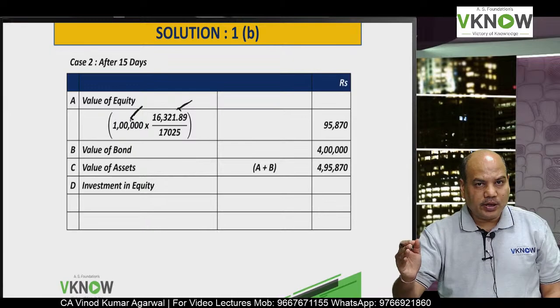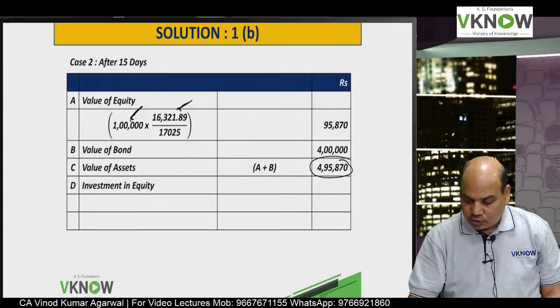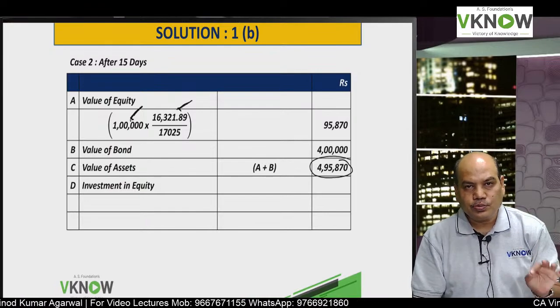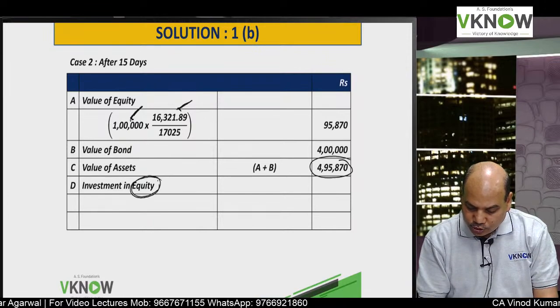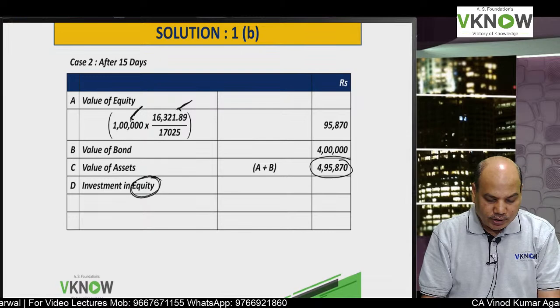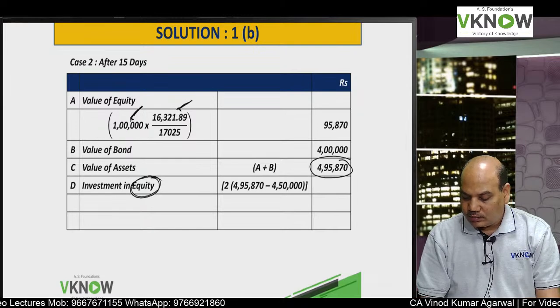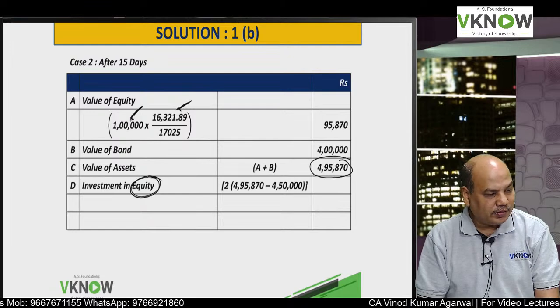After every 15 days, we have to rebalance. So this is my asset value. Multiplier is 2. Floor value is 4,50,000. So I am asking our student one question: what will be the investment in equity now after 15 days, after rebalancing?